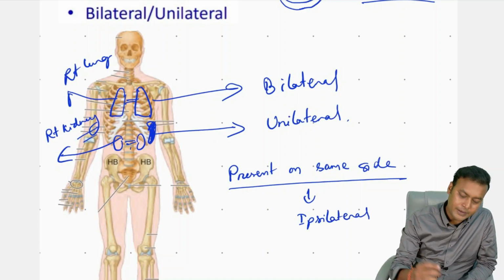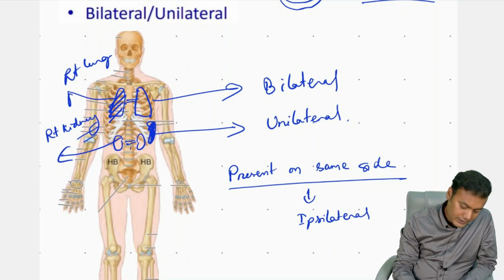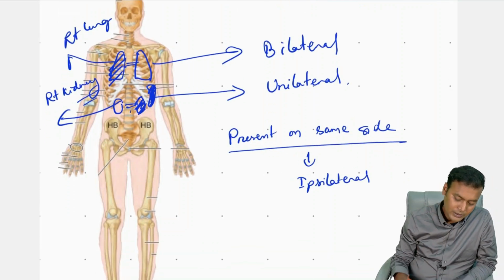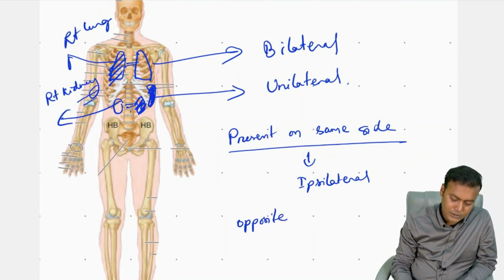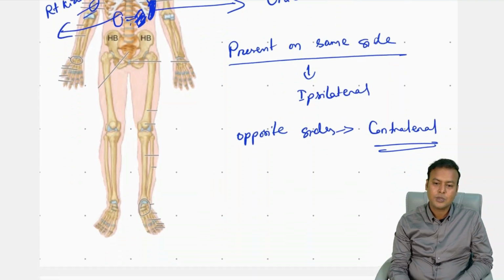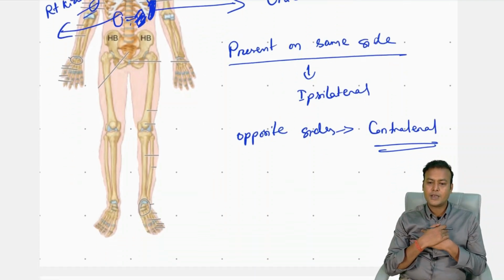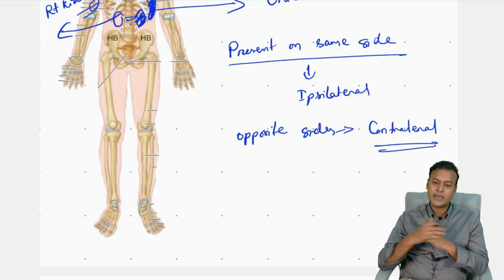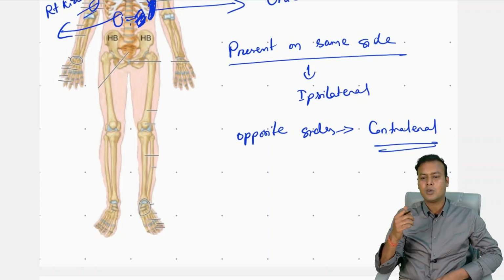Whereas if I compare the right lung with the left kidney, they are organs present on opposite sides of the body. If the organs are present on opposite sides, it is known as contralateral. All right, students. So the different terms are unilateral if the organ is present on one side, bilateral if it is present on both sides, ipsilateral if two organs on the same side are being described, and contralateral if two organs present on different sides of the body are being described.